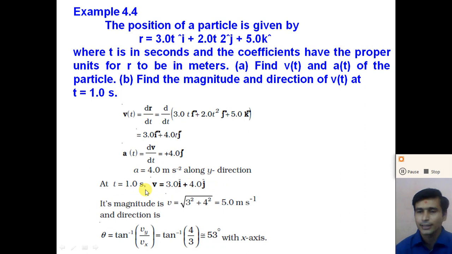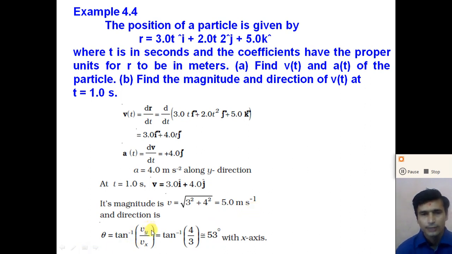So we get the velocity vector at t equal to 1 second, v is equal to 3i plus 4j. Now how can we find the magnitude of this velocity? The magnitude of the velocity v is equal to the square root of the sum of the squares of the components. So the x component is 3 square plus 4 square. We get the magnitude of the velocity as 5 meter per second.